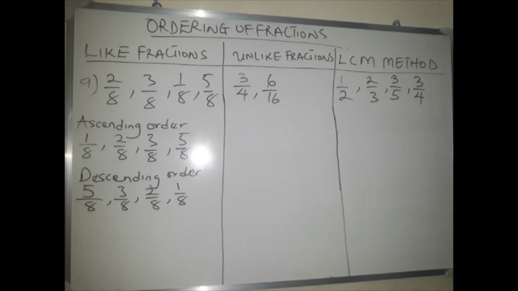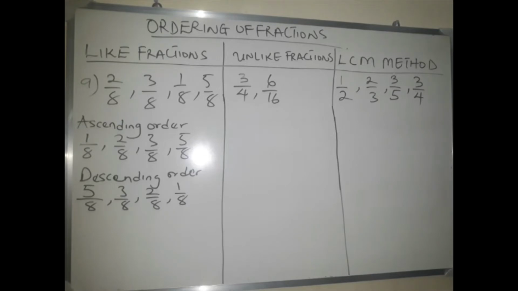We have in the example two fractions, 3 over 4 and 6 over 16, and you can see that they are both unlike fractions, and they are unlike fractions because the denominators are different. So if you're asked to arrange these fractions in ascending and descending order, you first of all have to determine which of them is smaller than the other and which of them is larger than the other.